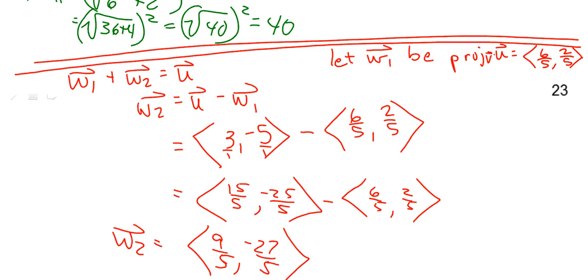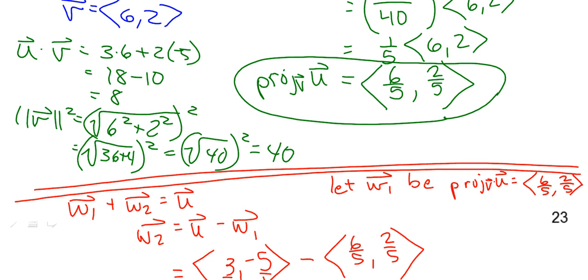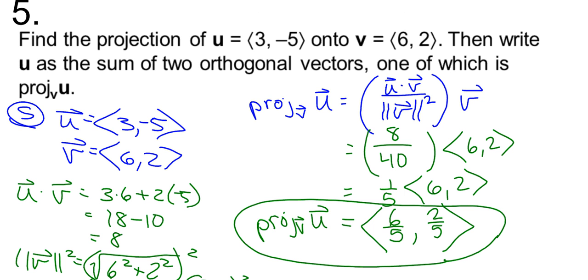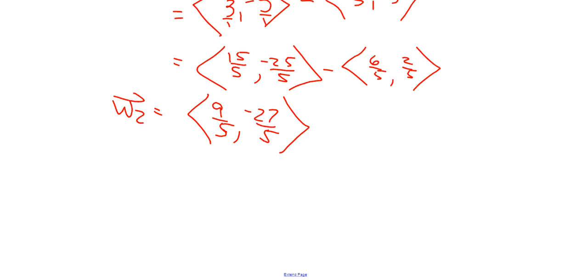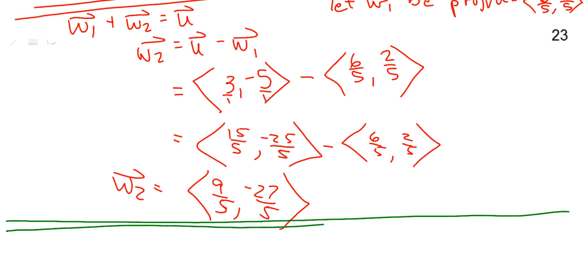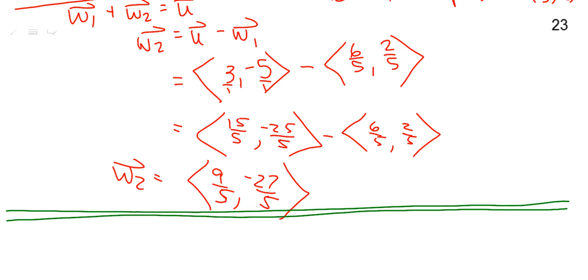Well, let's just make sure. So then it says, write U as the sum of two orthogonal vectors. So we know one of which is the projection of U onto V. So we're going to write U as that projection one plus W2. Do you agree? So we know that W1 plus W2 is equal to U. So I have to write it as a sum. And so that means that U is equal to W1 plus W2.